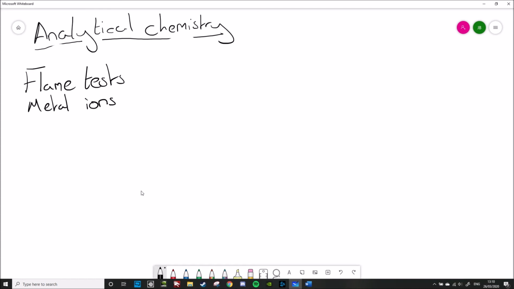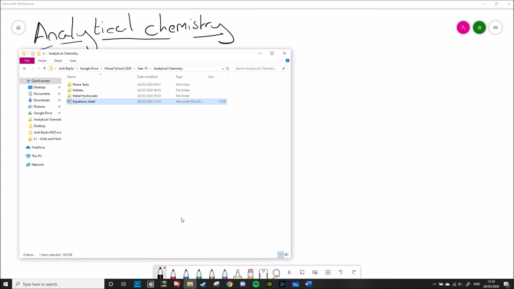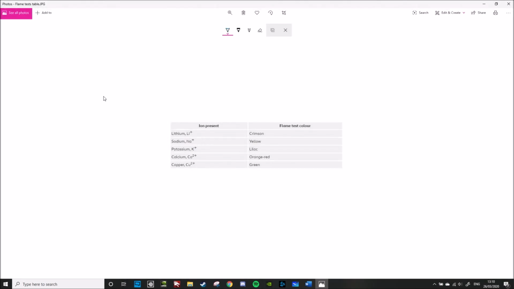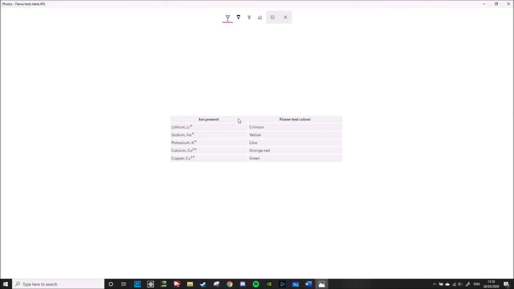Now you do need to know some colours, and I'm going to show you those. You see here, lithium goes crimson, sodium goes yellow, potassium makes the flame lilac, calcium makes it an orangey red, and copper 2+ makes it green.